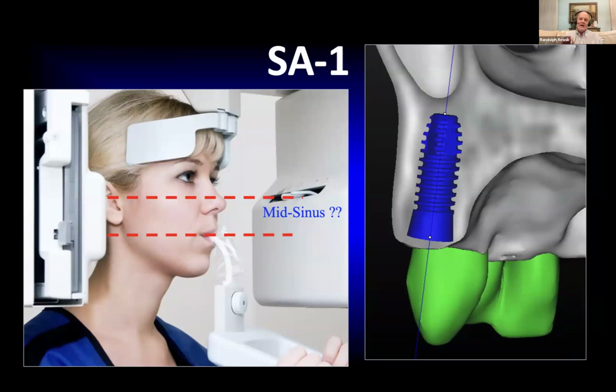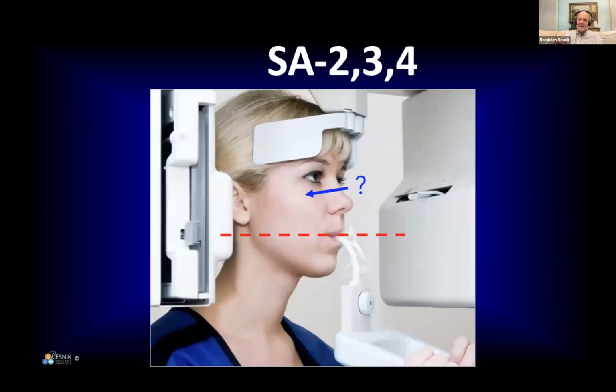First of all, anytime we are doing an SA1 technique, an SA1 is where the implant is below the sinus. We're not going to enter into the sinus proper. With an SA1, a mid-sinus CBCT in the superior limit is fine. However, when we're looking at an SA2, SA3, or an SA4, we have to go much higher.